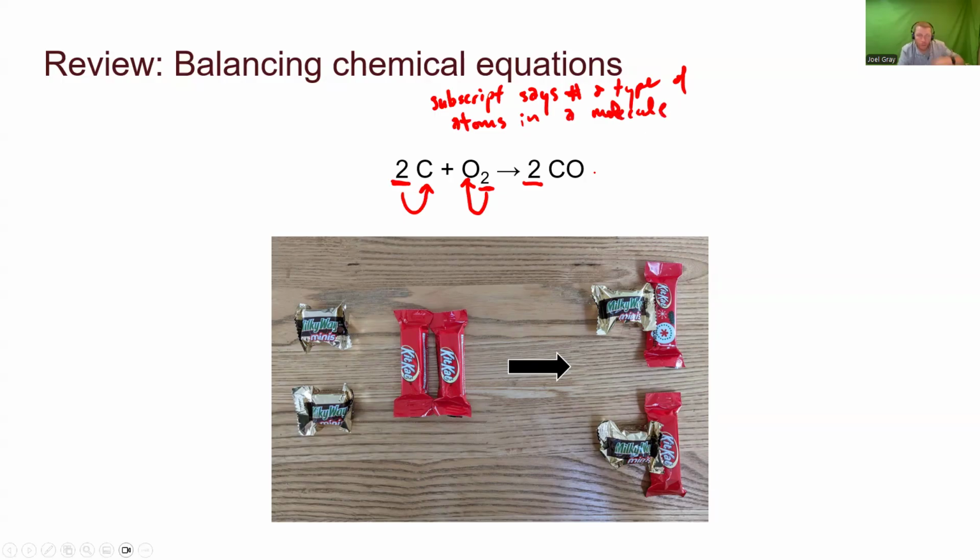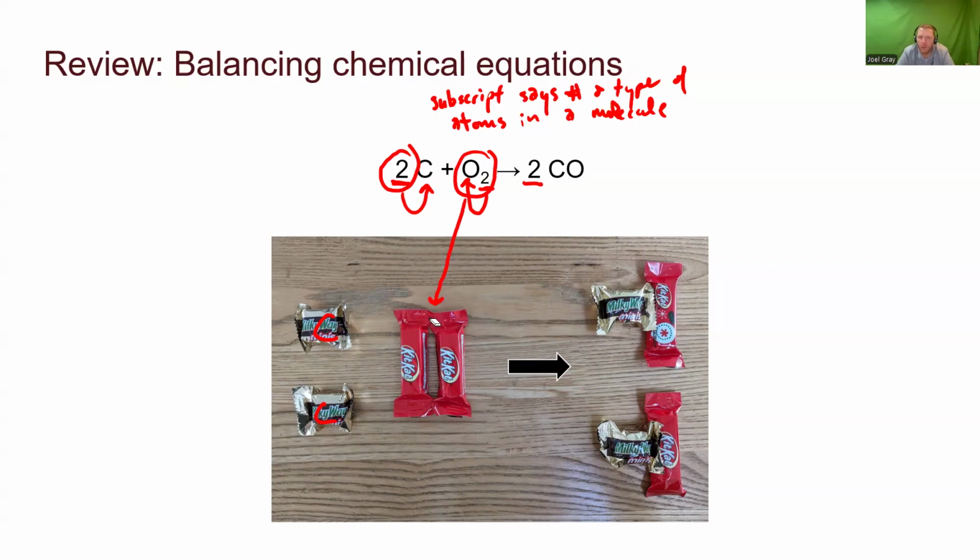Now, what that also means is that this two right here indicates that we have a carbon and a carbon that are separate things. There is no bond between these, nothing connecting these two carbons, so they are floating around freely. O2 by comparison is represented by our two Kit Kats.